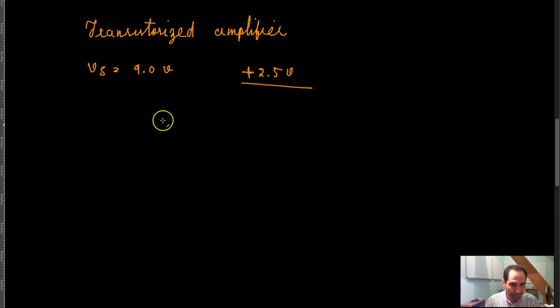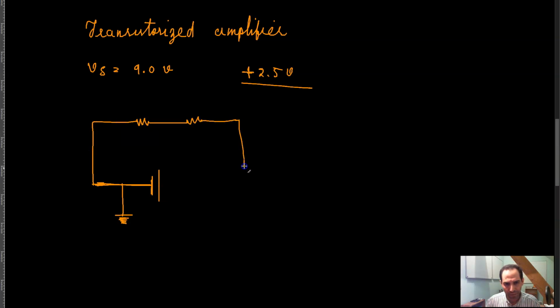And the negative pole of your power supply is the chassis ground, meaning that you have your power supply over here. This is negative, positive. This has been grounded in your circuit, and then at some point you need 2.5 volts, meaning that you can connect this circuit to 2 resistors in series and connect this over here and call this, for example, R1, and call this, for example, R2.